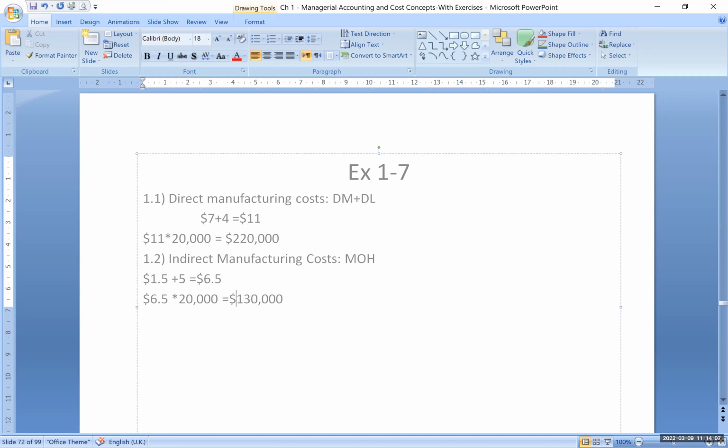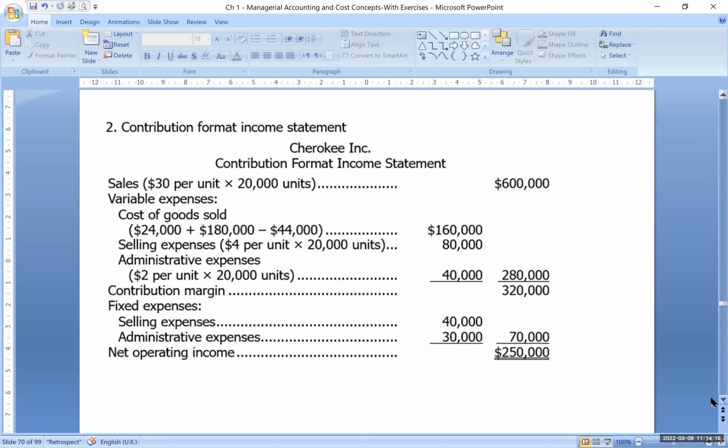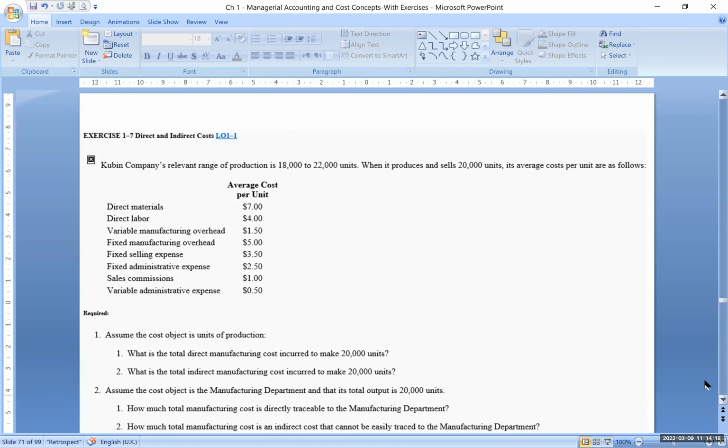Now, for the second question, I will go back to the question. Assume that the cost object is the manufacturing department, and that its total output is 20,000 units. The difference between the first and the second question is that I'm not talking about the unit, I'm talking about the department itself.